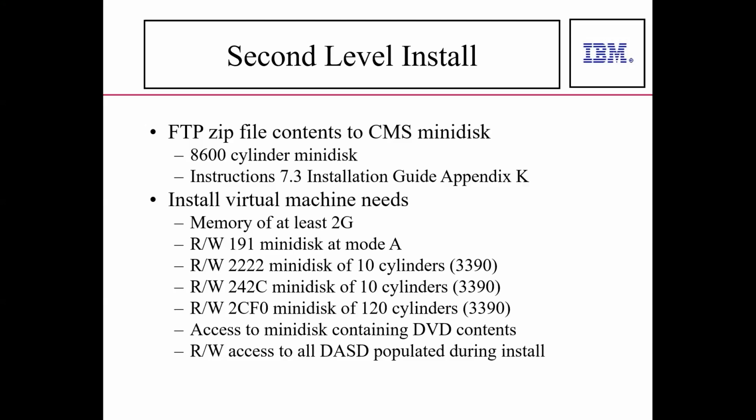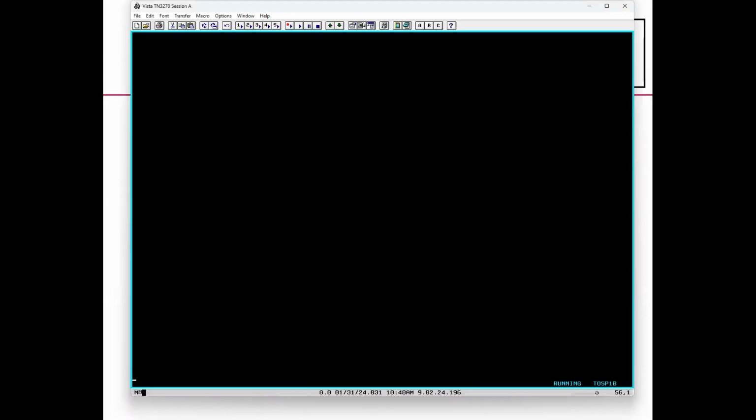And so that would include, if it's an SSI, then it's all the DASD for every member in the SSI cluster. So I have a virtual machine here that has that capability. It has those mini disks. It has access to all the DASD that's required to do the install.